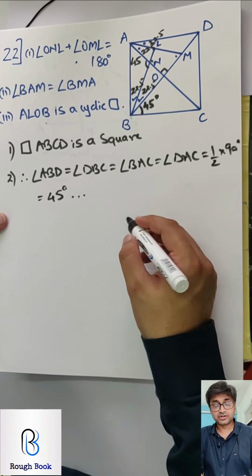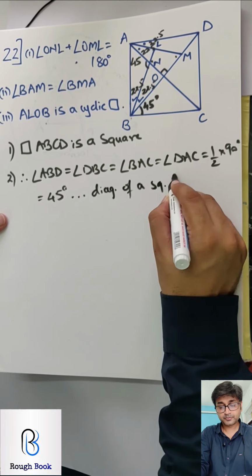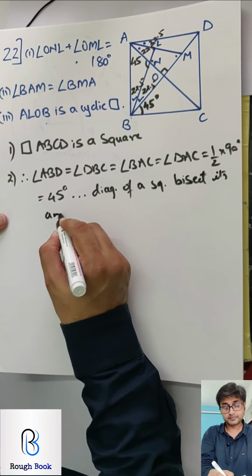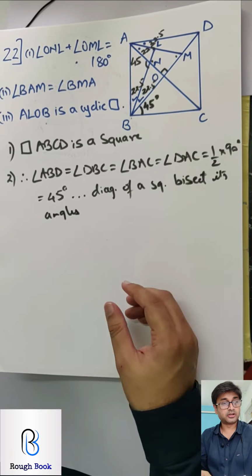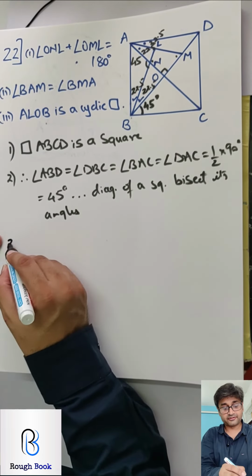And the reason will be mentioned: diagonals of a square bisect its angles, and therefore each is 45. So now once we've got this 45, you can get each angle as half of it.